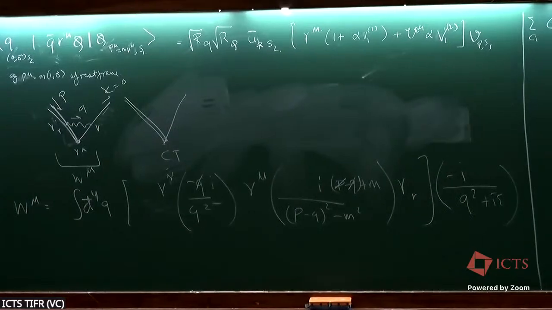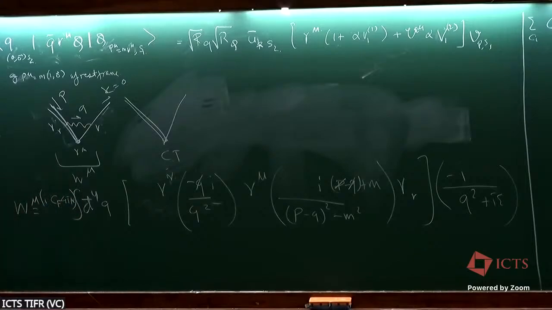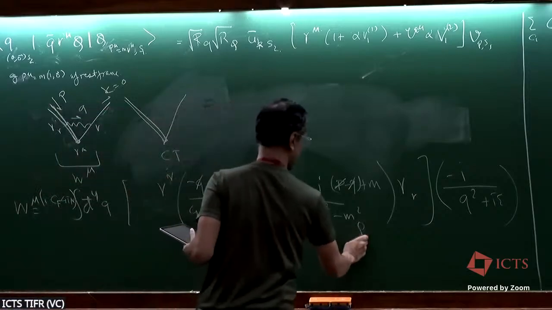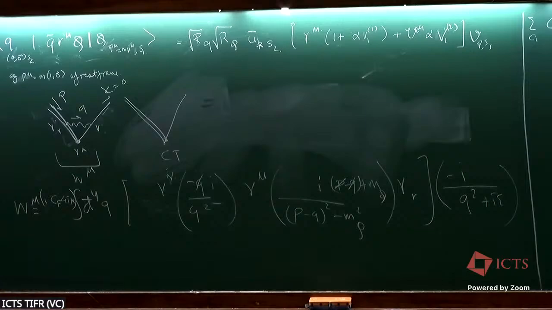And there's this loop, with vertices that simply give me some color factors. M is the mass of the heavy quark, and the light quark is massless.